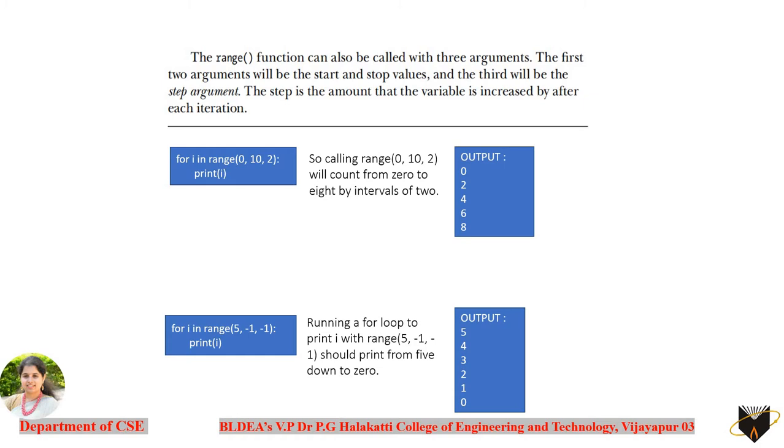But by default, it is mandatory to mention at least one parameter to the range method here. In this case, you can see 0, 10, 2 has been taken. The first parameter, as usual, tells the beginning value. The second parameter, as usual, tells up to where the iteration needs to be carried out. The last parameter is the step value, that is, how much the increment should be.